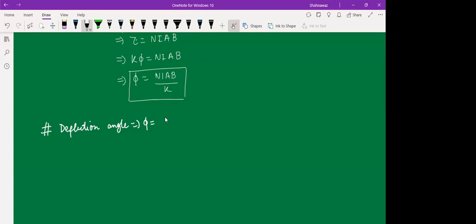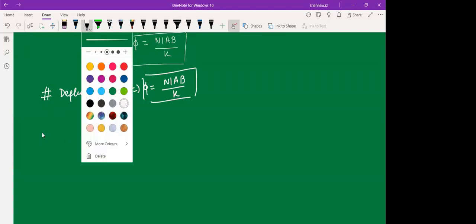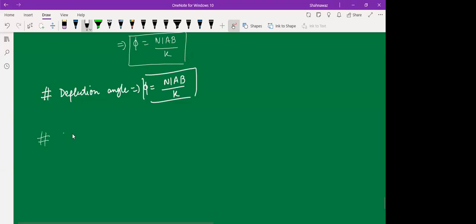This is the deflection, and this is NIAB by K. So if you calculate I, what would be that? So current would be what?